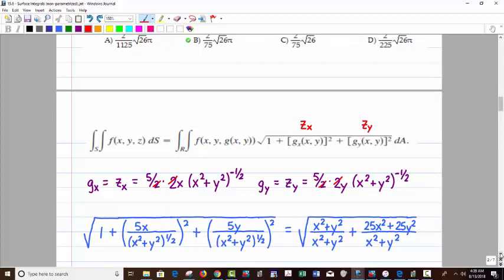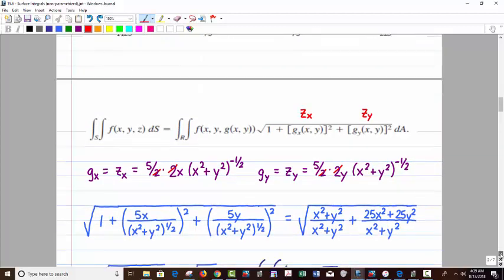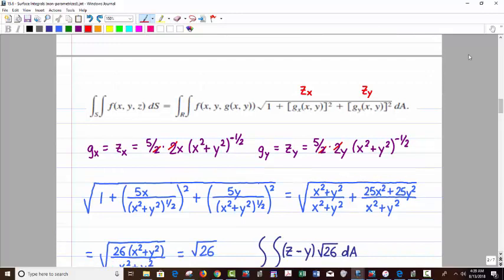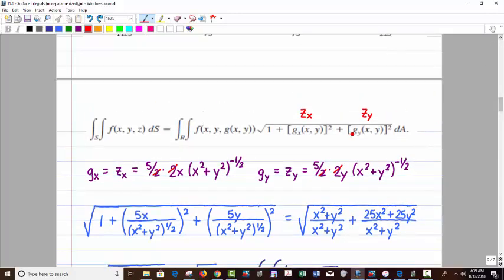Now this looks kind of ugly, but it's actually going to tidy up really nice. I'm putting the square of each of these partials into this formula right here. So that looks terrible. Watch what happens. I looked at this immediately. I probably skipped a step here, but I'll tell you what I did.